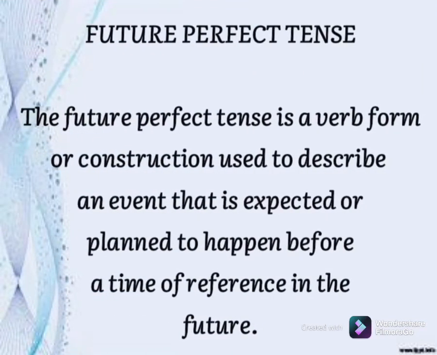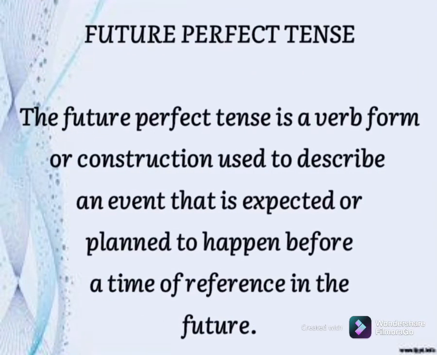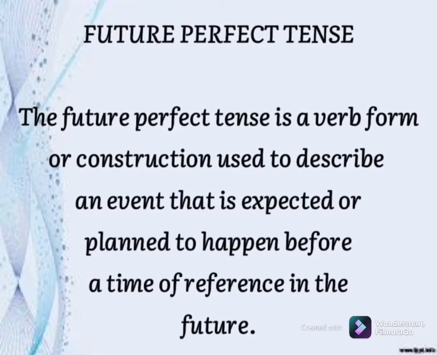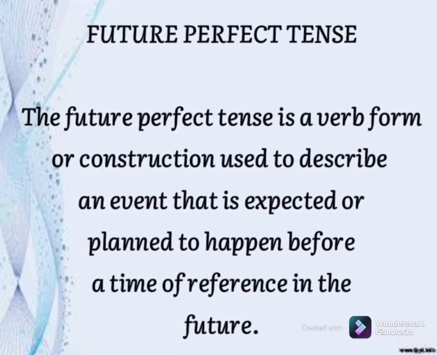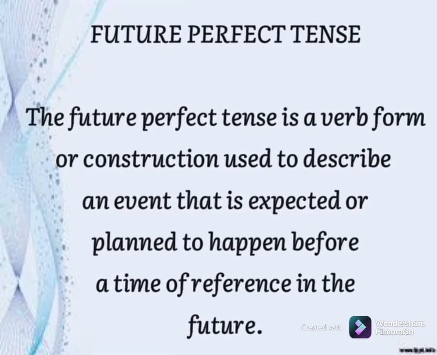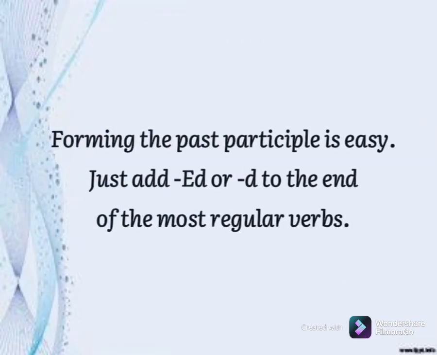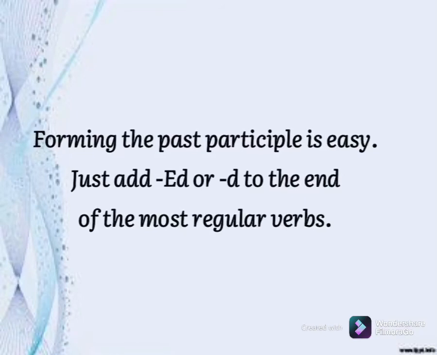Future perfect tense. The future perfect tense is a verb form used to describe an event that is expected or planned to happen before a time of reference in the future. Forming the past participle is easy.